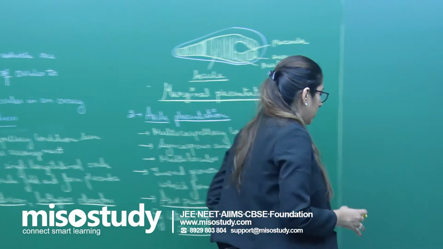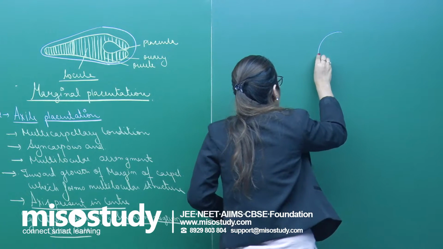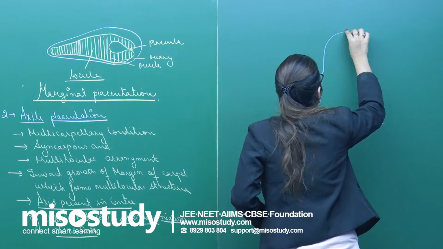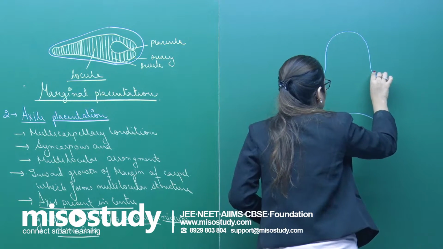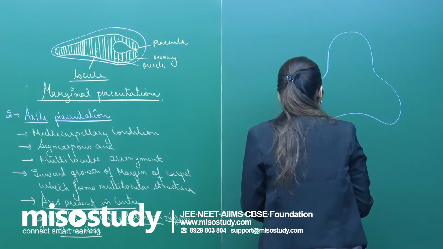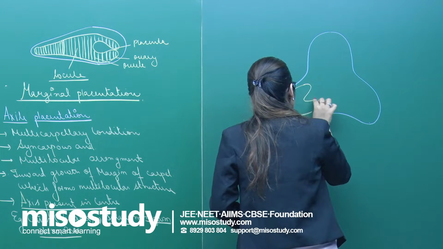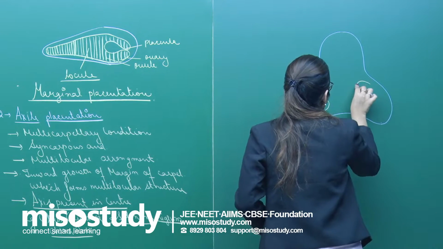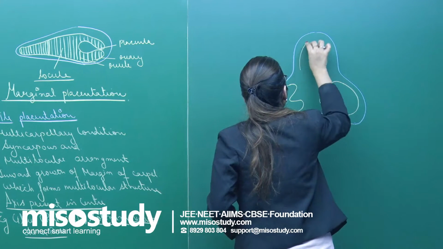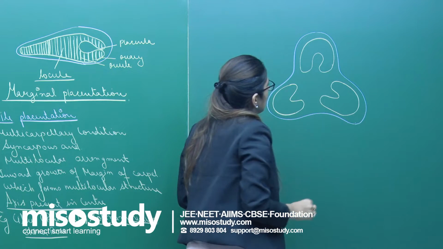Students, come to this side. Now, just have a look. These are the locules present. I will show you where these placenta lie. So that is the reason they are called multilocular, because you can see that different locules are present.